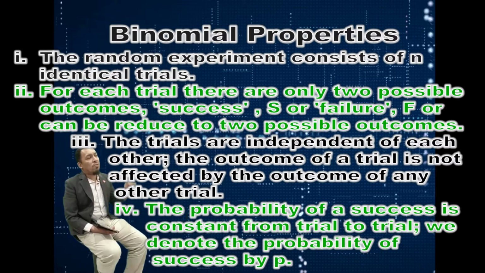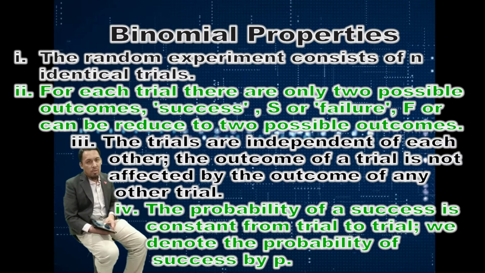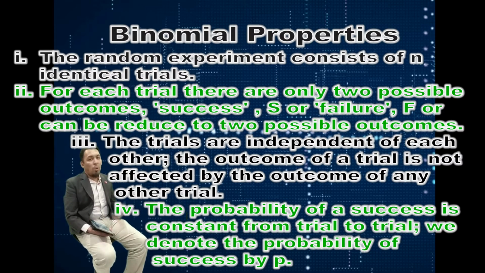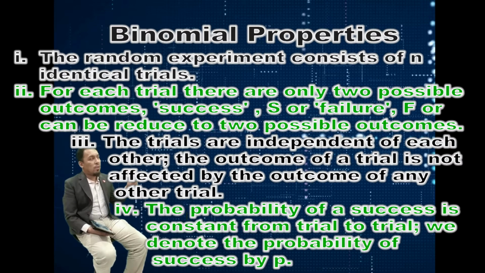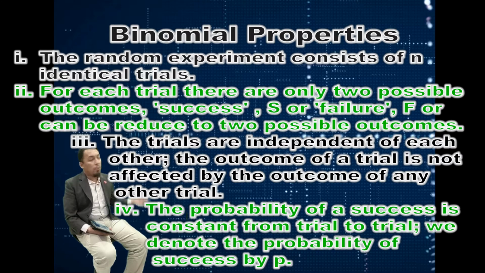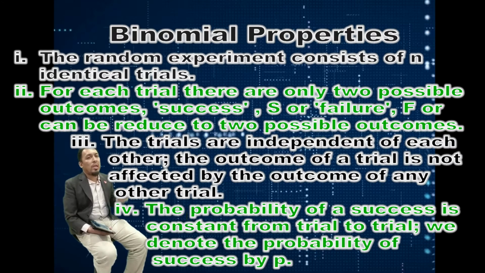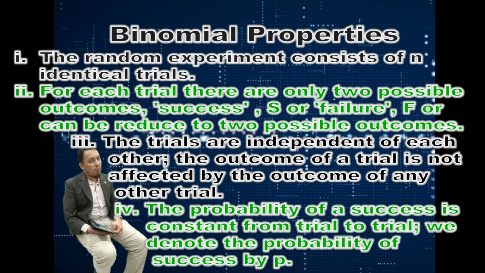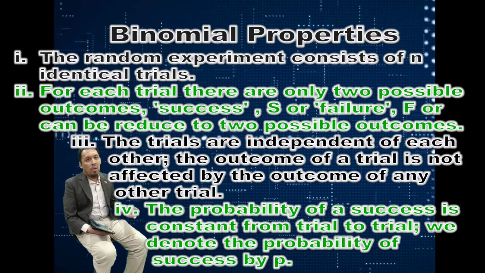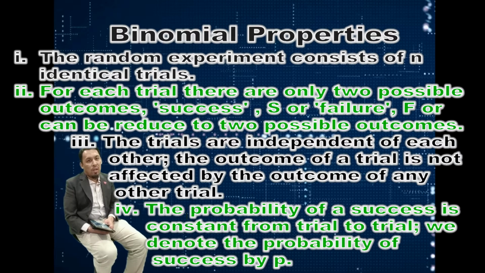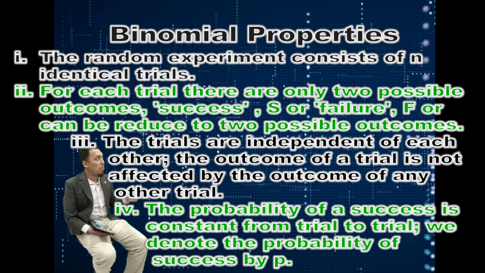So if that experiment, or that situation that we observe, fulfills all of these properties, then we can later use binomial to find the probability for that observation or experiment. So let us look at the properties one by one.